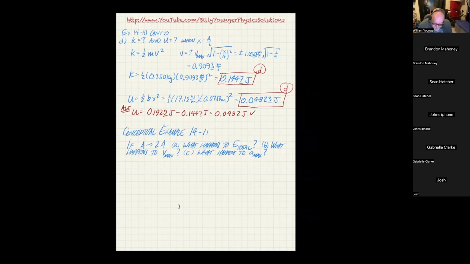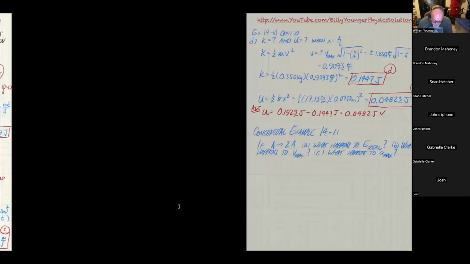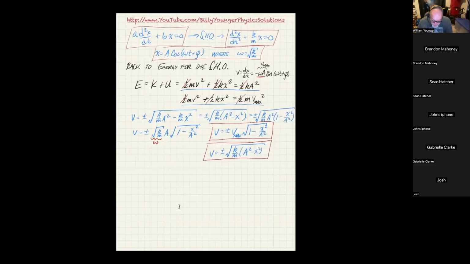Okay, so remember when we first showed you the energy, what we found was the total energy was 1/2 K A squared. If I switch from A being say 0.1 to A being 0.2, then the original energy was 1/2 K times 0.1 squared, but the new energy is 1/2 K times 0.2 squared, which you can also write as 0.1 squared times 2 squared.